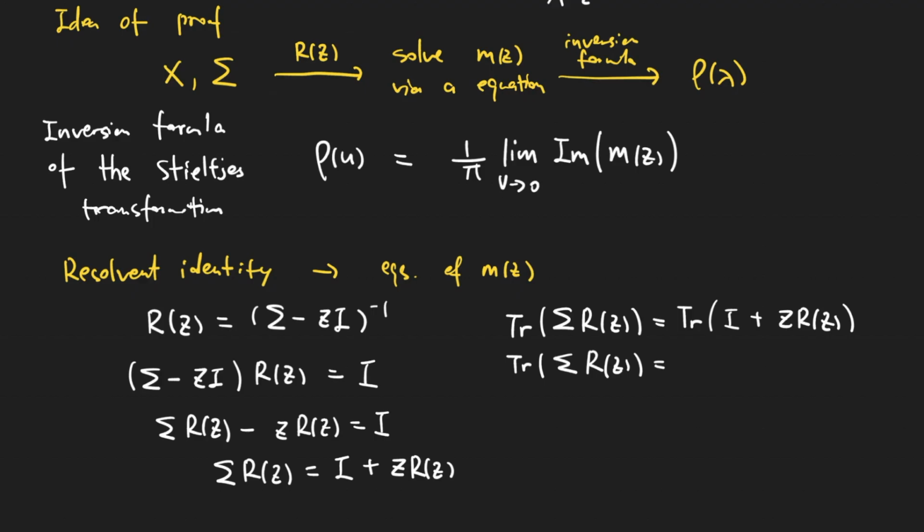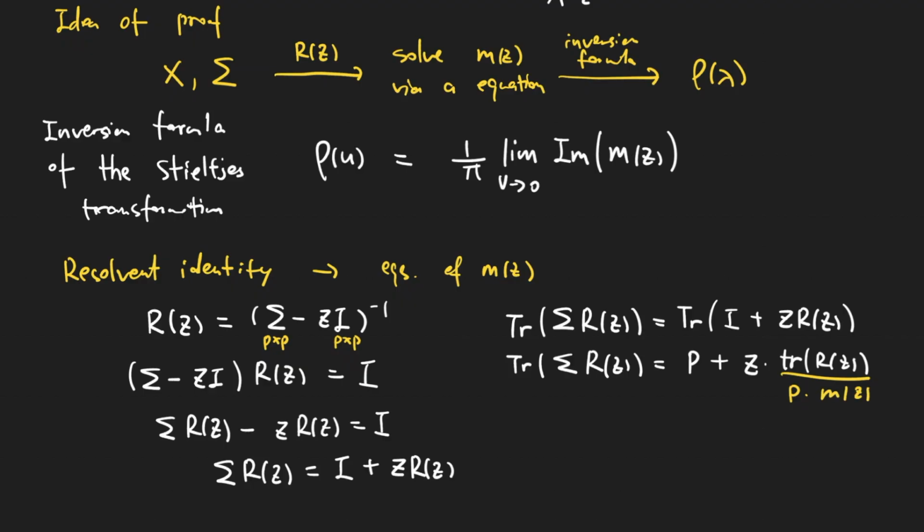And this identity matrix is P by P because the covariance matrix is P by P. Right, so the trace of that simply equals P. And then for the second term, because z is a constant, we can move it outside the trace. You have z times the trace of the resolvent. And by definition, we know that this equals P times m of z.